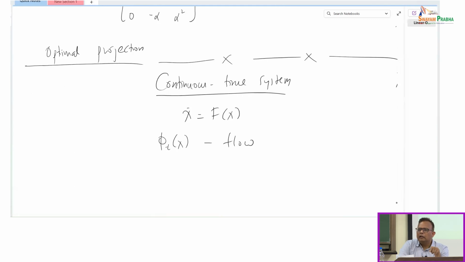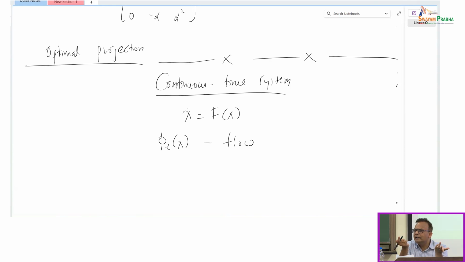In the discrete time case, you have one Koopman operator, because the map is just a one time step map. In a continuous time case, what is phi t of x? Like I told you, you are at x, and phi t of x tells you where you will be after time t. Now, what is t? T is time.